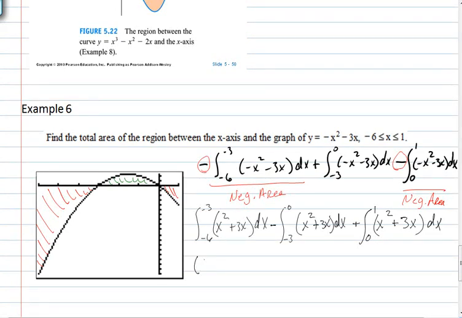When you integrate x squared, you get 1/3 x cubed, right?